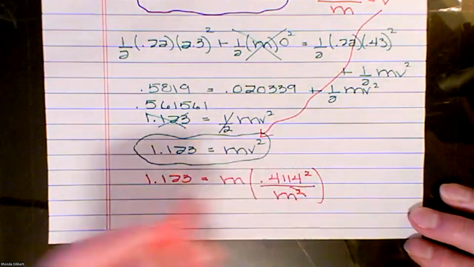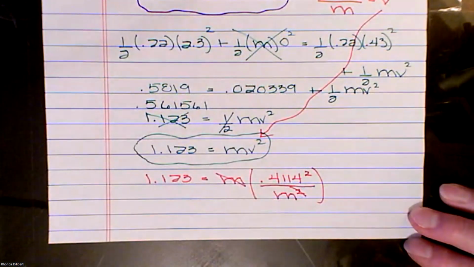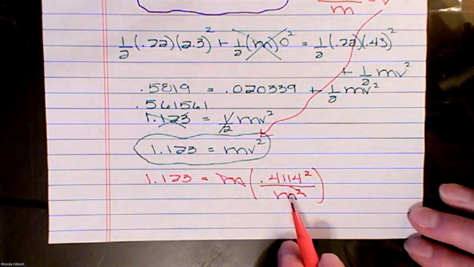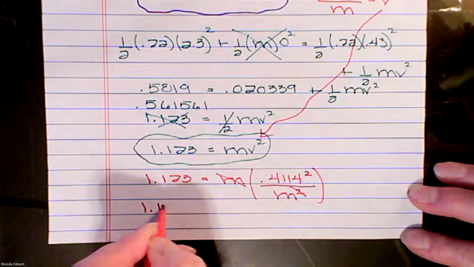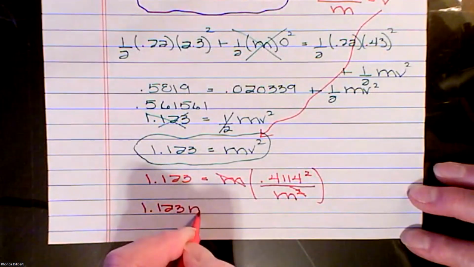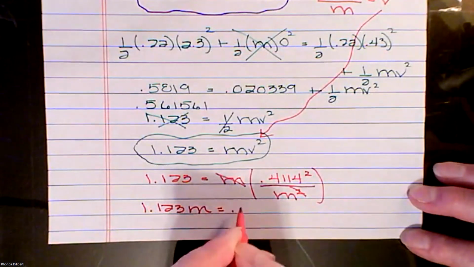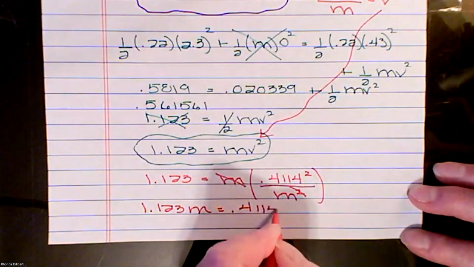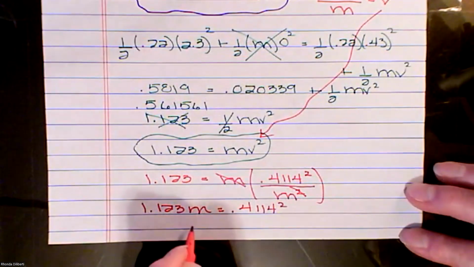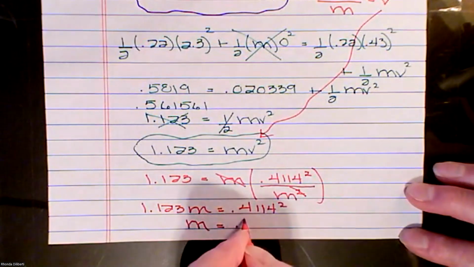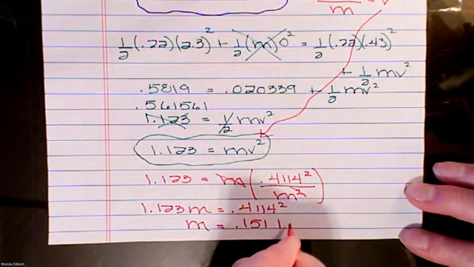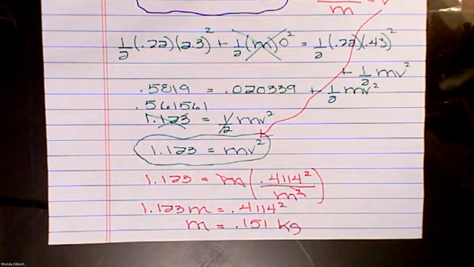So this m squared can cancel with that m. Now I'm going to multiply both sides by m. That would give me 1.123 m equals 0.4114 squared. I solve for m, and I get 0.151 kilograms.